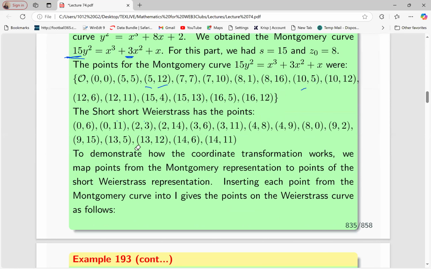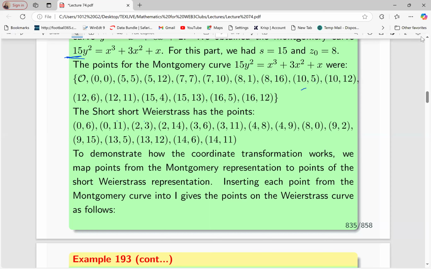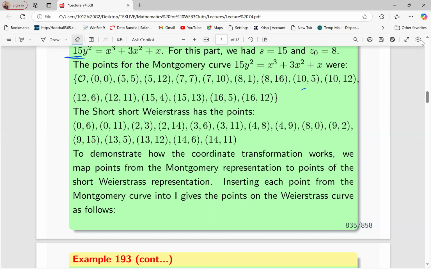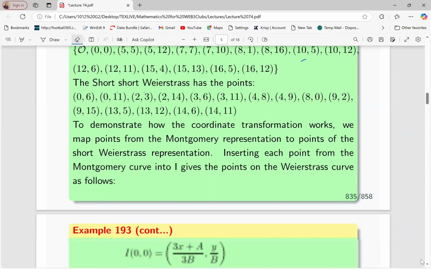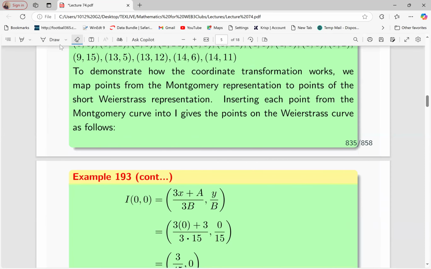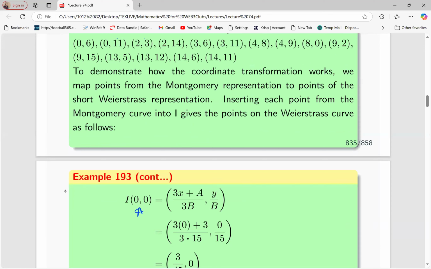So we just take a point on Montgomery and insert it in our formula above. I want to convert this first point to short Weierstrass. This is a Montgomery point.